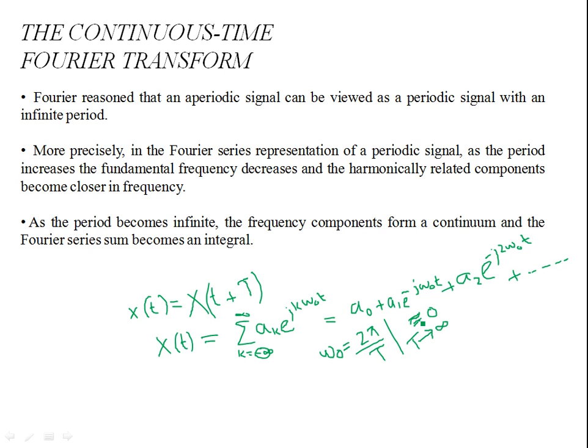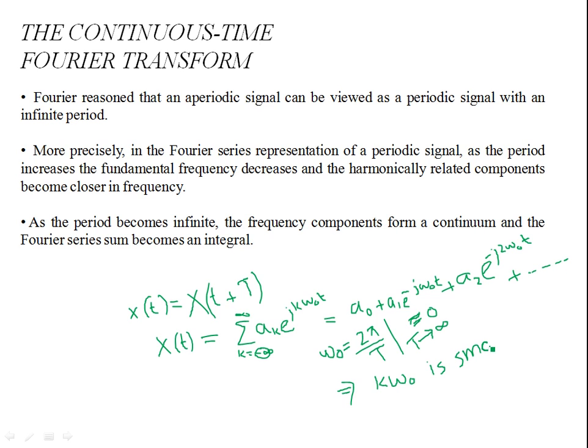That is, as you increase the period, the fundamental frequency becomes small. That also implies that k omega naught, which are the harmonics, k being the harmonic index, so omega naught, 2 omega naught, 3 omega naught, becomes small. So the difference between the harmonics is small now.